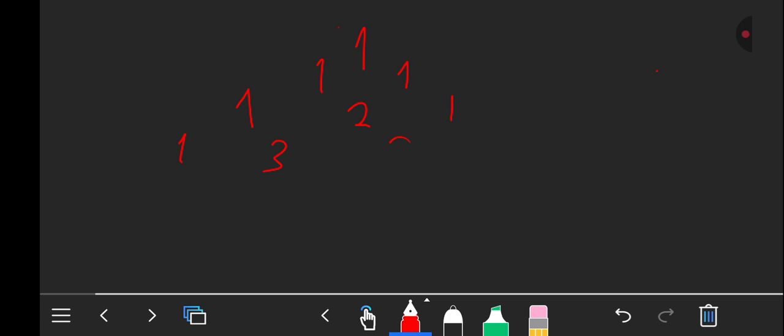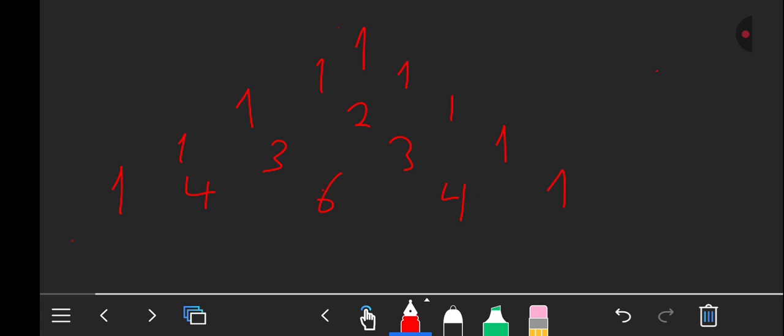Again 1 plus 2, that is 3. Then you end with 1. You start with 1 again, then 1 plus 3, that is a 4. Then you add the 2 numbers in the middle, that is 3 plus 3, that is 6. Then again you come to 3 plus 1, that is 4. Then you end with 1. Once you reach 1, don't proceed. It is the end point there.